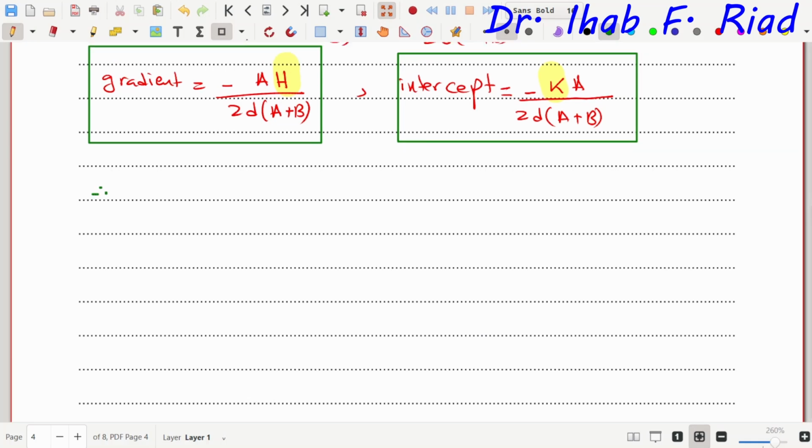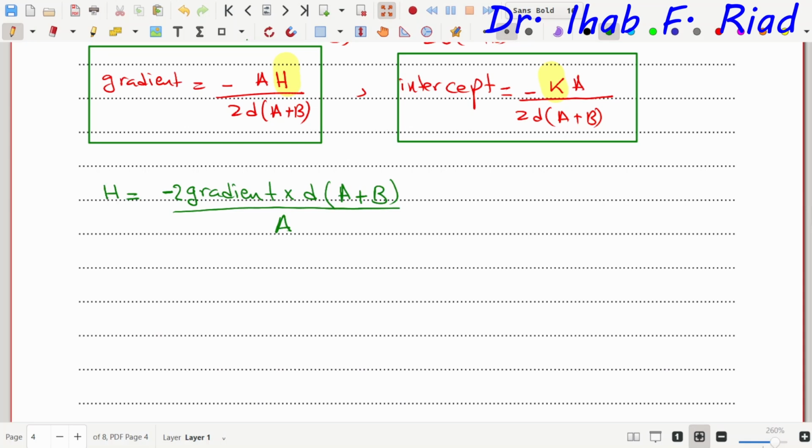Therefore, h is equal to minus gradient times 2d a plus b divided by a.